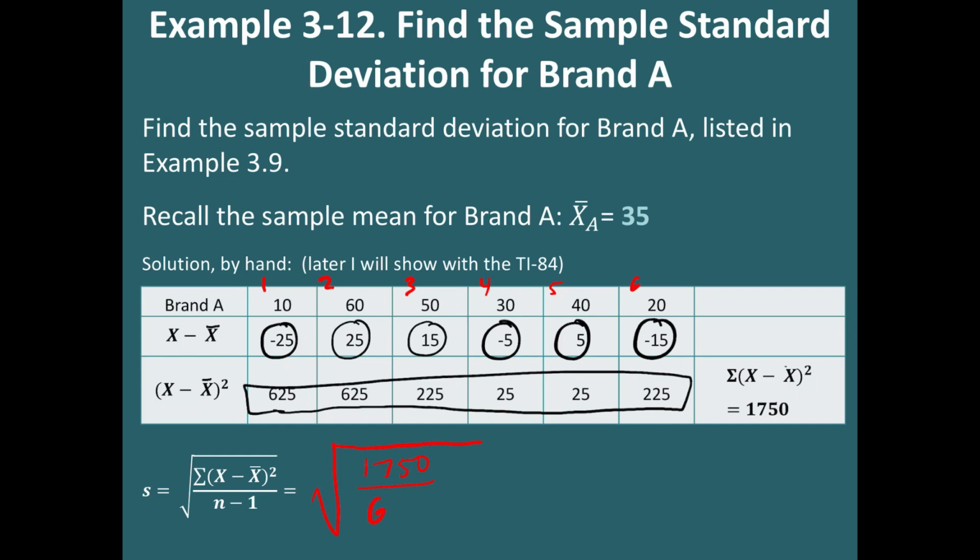So I shall put 6 minus 1 in the bottom. Results in 1750 over 5. Plugging this into my calculator, and we round to one more decimal place than the data values. As you can see, our data values are whole numbers, so I will need to round to the nearest tenths place. That will give me 18.7.